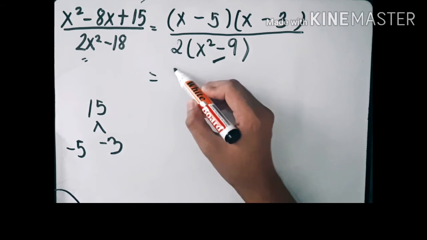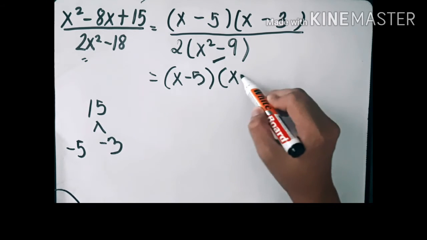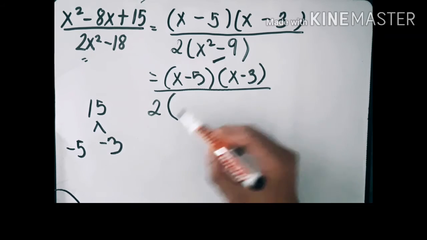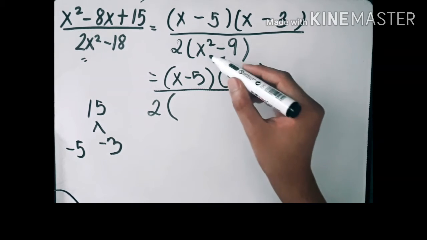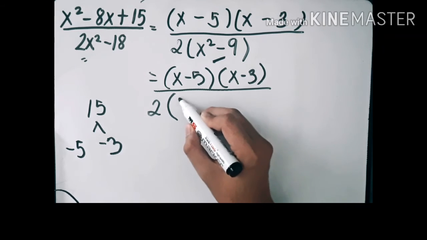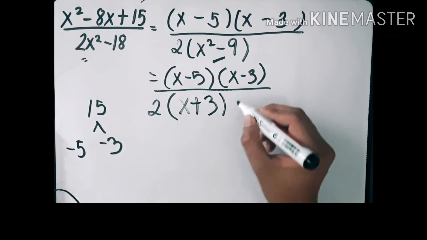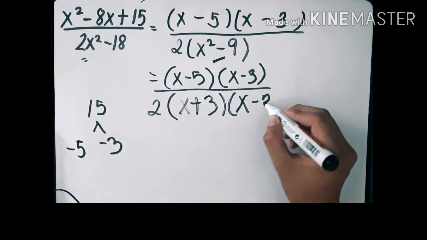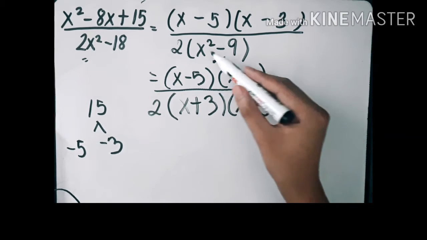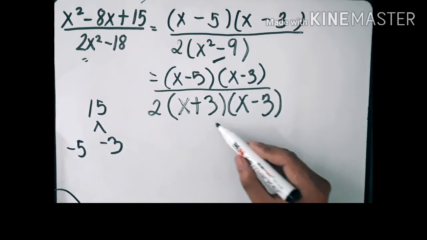So, kopihin muna natin x minus 5 and x minus 3 over 2. Since difference of squares na ito, gagawin na natin siyang x plus 3 and x minus 3. Ang square root ng x squared is x. Ang square root ng 9 is 3.